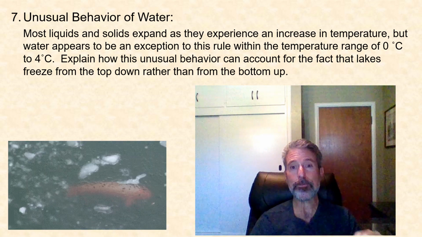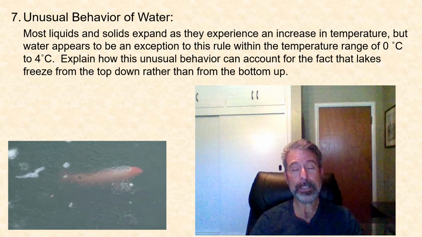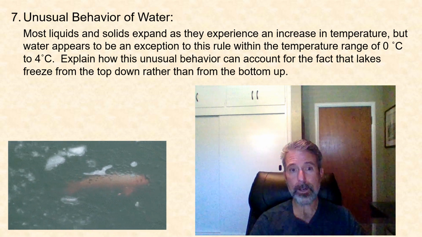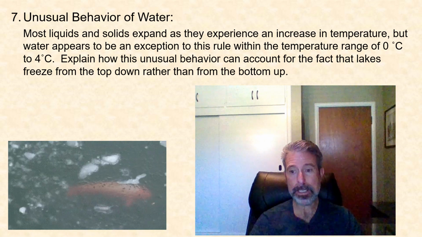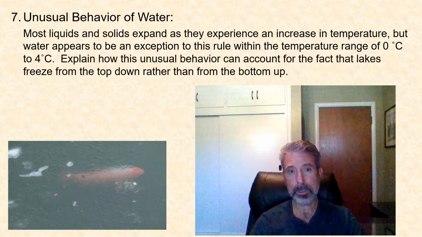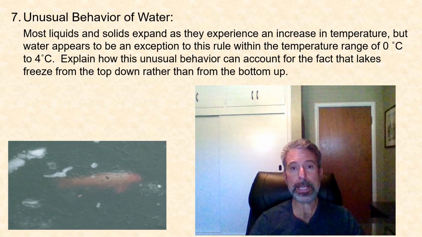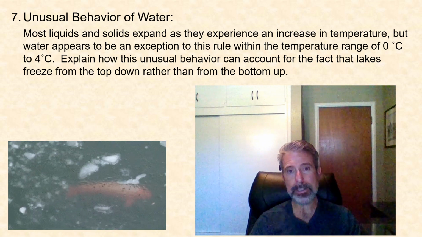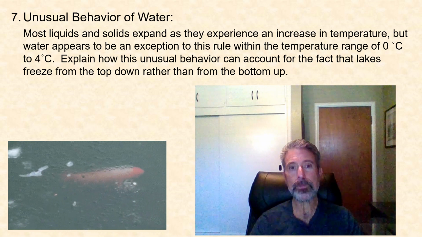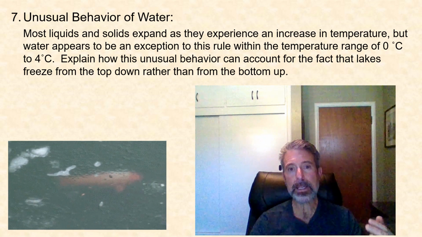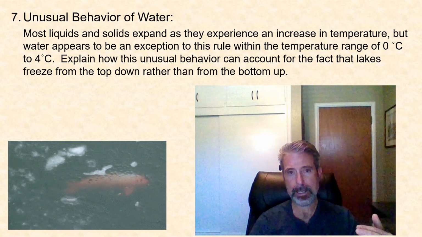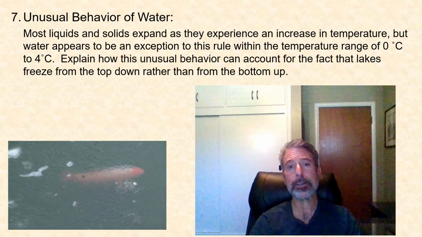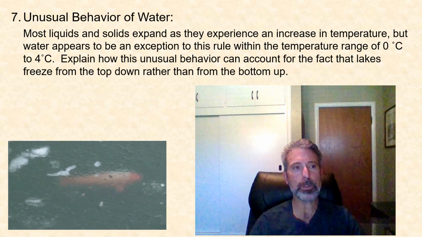And that's a really good thing if you happen to be a fish, because if you're living down there below the lake, the water is going to be more dense, but it is going to remain in a liquid state deep down. So you may get the surface of that lake to freeze as it cools quicker, and the warmer, more dense water will be at the bottom of the lake, but remain in a liquid state.